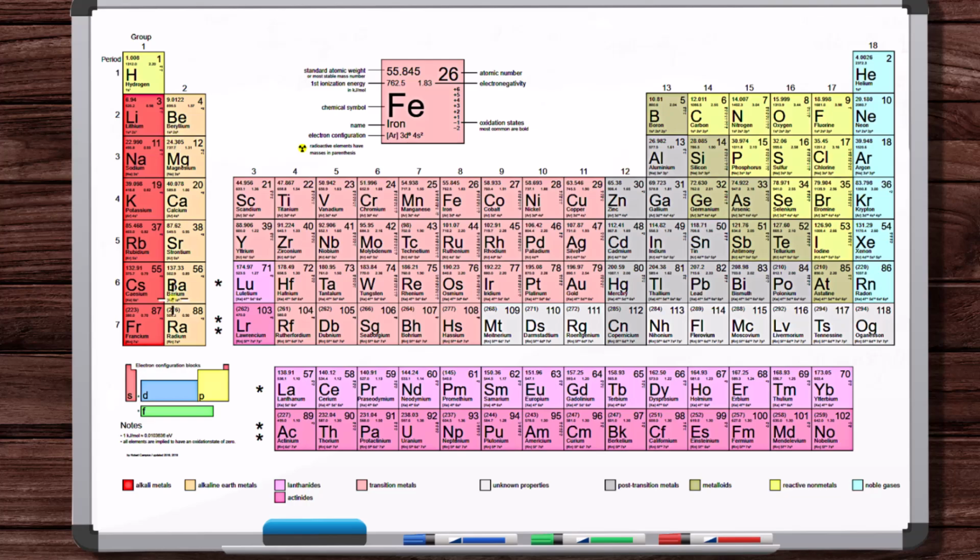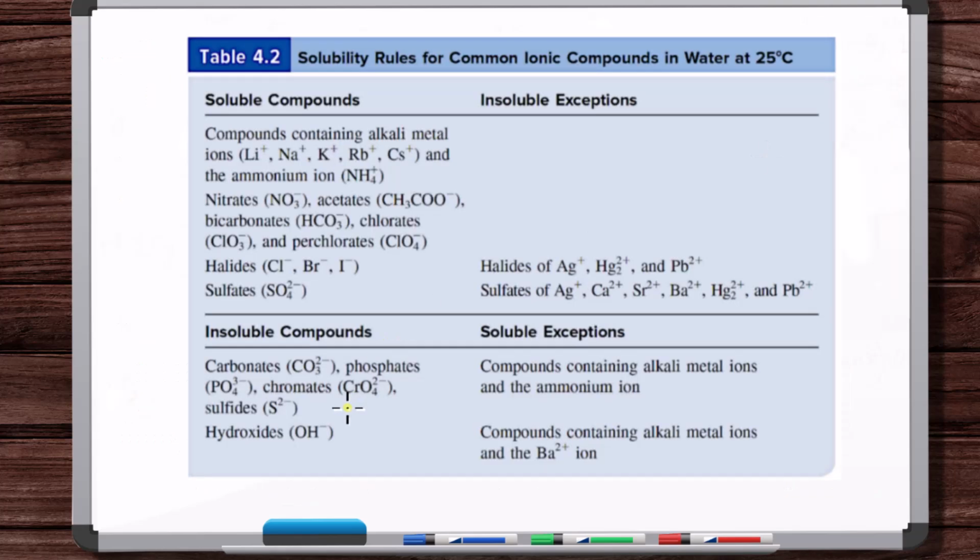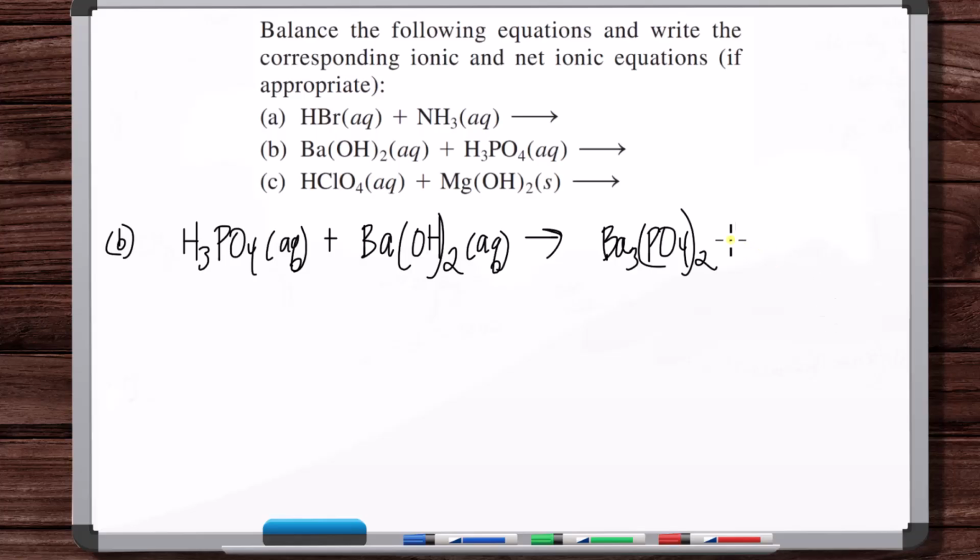Barium is an alkaline earth metal, so this is going to be insoluble for this neutralization reaction. So this is actually going to precipitate out. This salt is going to precipitate out. Okay, so there's the salt and water.